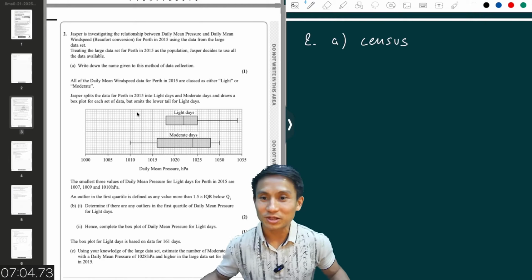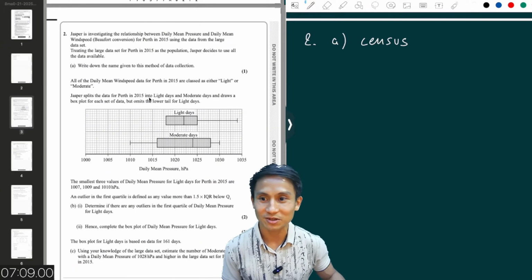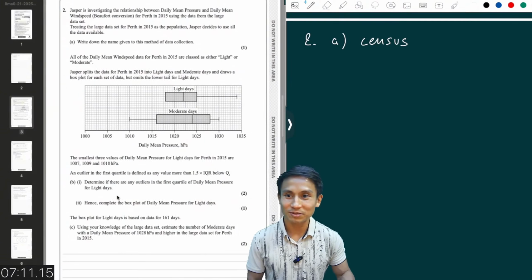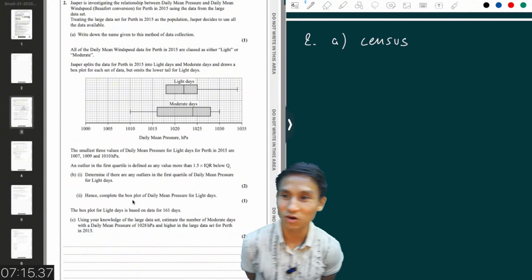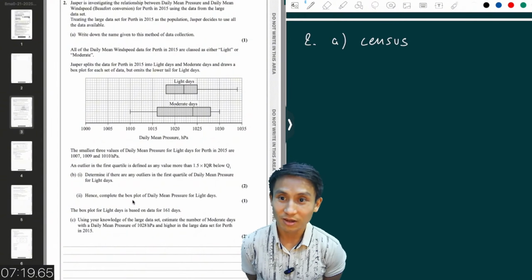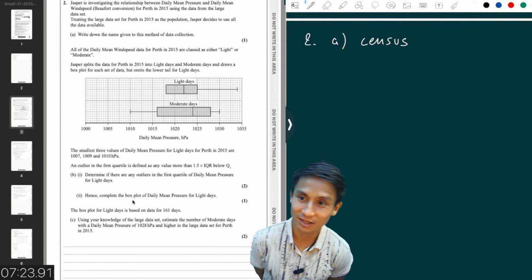All of the daily mean wind speed data for Perth in 2015 are classed as either light or moderate. Jasper splits the data for Perth in 2015 into light days and moderate days and draws a box plot for each set of data, but omits the lower tail for light days.